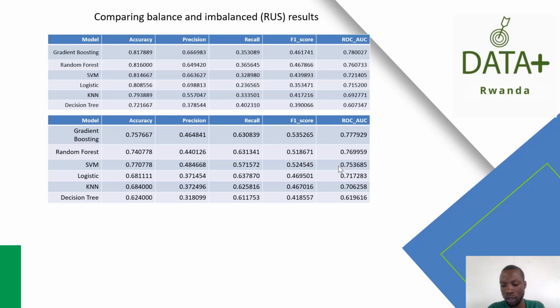Imbalance is when we have a data set and the observations are not equal. We are talking about credit risk, the probability that when we give credit to the client, they are going to repay us or not.